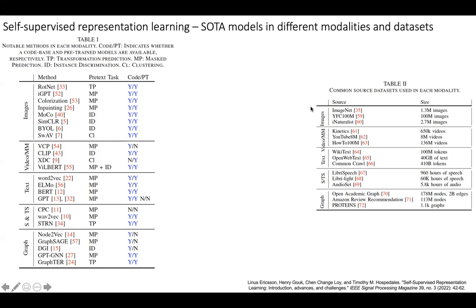For the different modalities, the commonly used datasets are also introduced. For example, in the computer vision domain, ImageNet, YFCC100M, and iNaturalist images are the commonly used datasets for self-supervised learning tasks.